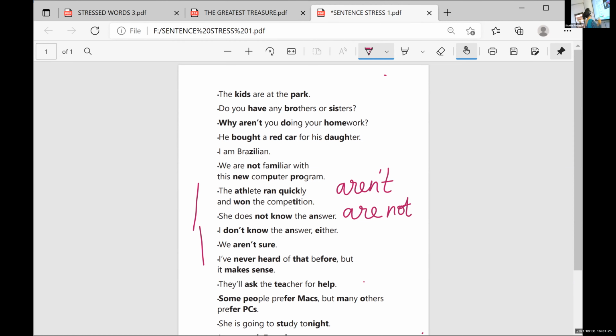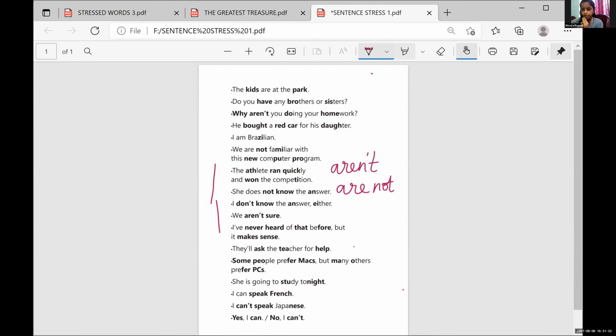Shreya, next sentence. Some people prefer Macs, but many others prefer PCs. Okay, Shreya, once again, I would remind you of the tips. It's not people, it's people. I told you there is no la sound in English. No la and no da.